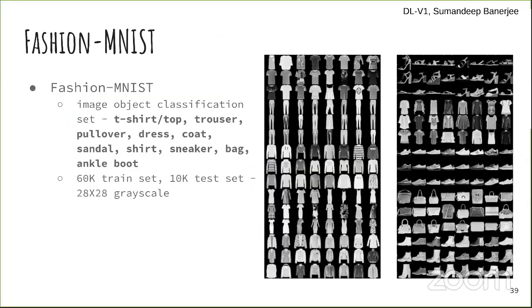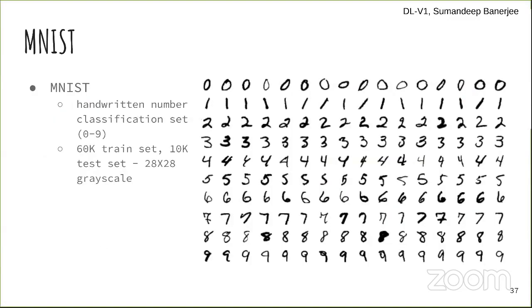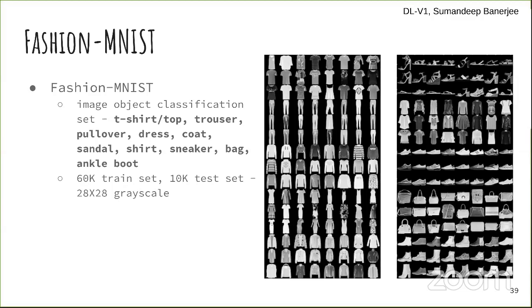Of course, simple MNIST is a very simple data set. It does not have much complexity. It's very basic data and does not showcase the full power of convolutional neural networks, or is not representative of more complex use cases. So there is another data set created later, called Fashion MNIST, which does the same thing for fashion data.